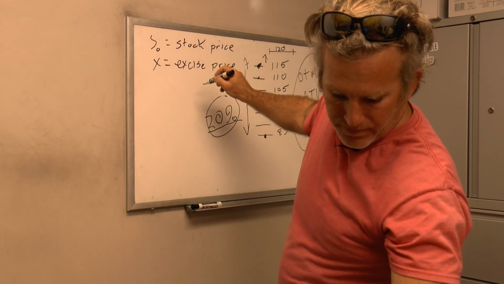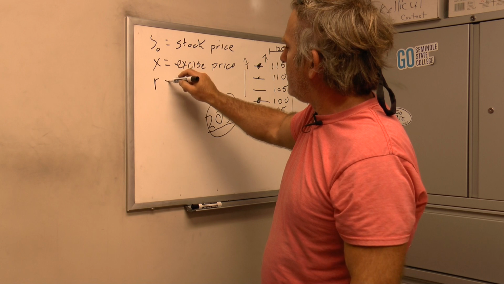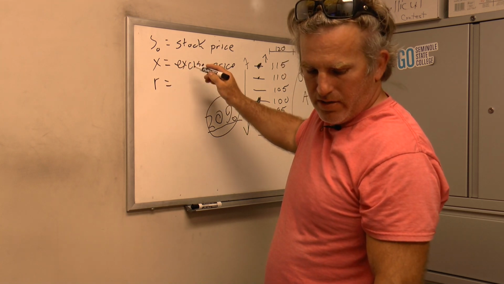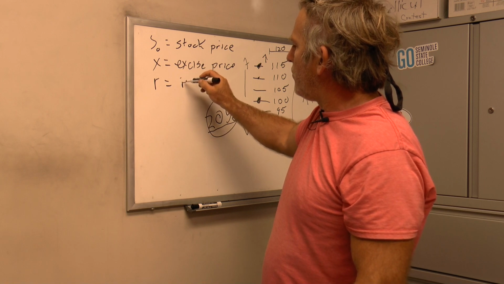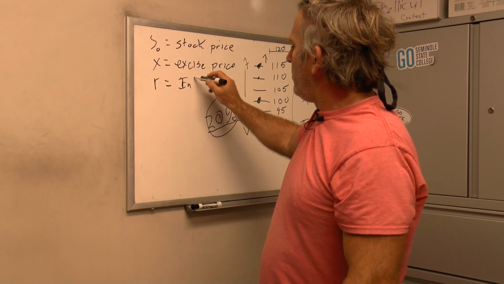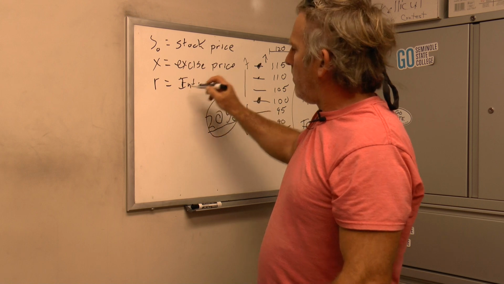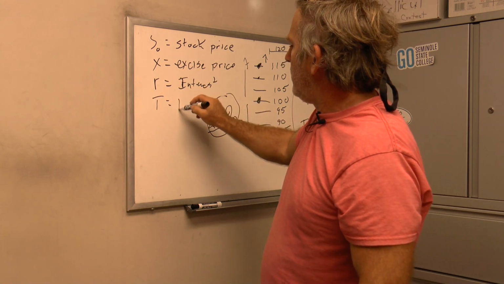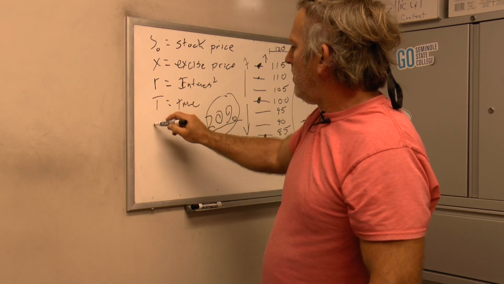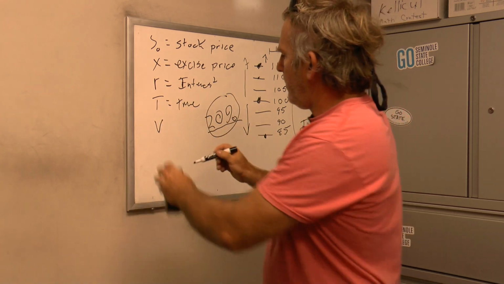And R, the risk-free rate of interest, which usually isn't a huge factor unless you're trading call options that are like 2 years out. We're going to imply that we know that's a risk-free rate. And then the time to expiration and the volatility, the variance.